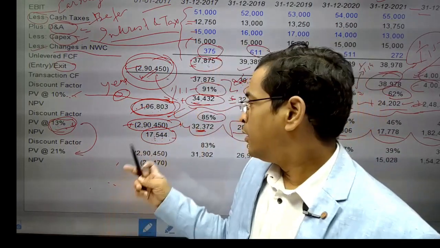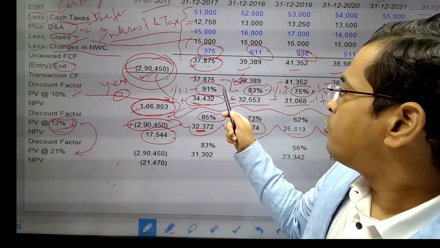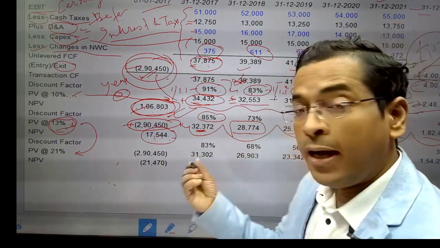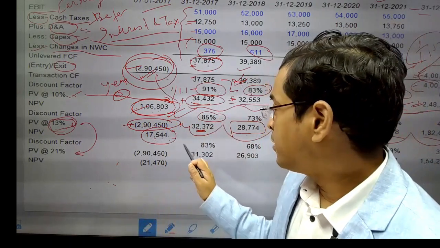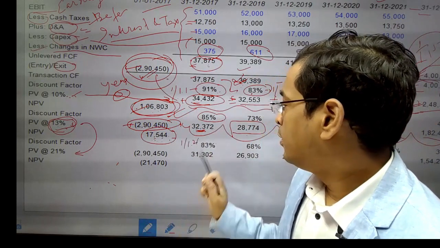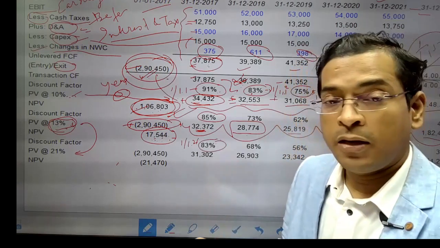Let's see. Increasing the discount rate to 21% means our discount factor for the first year itself has become 83%. And not to forget, 83% means here 1 by 1.21. So the discounting is at a much lower percentage.